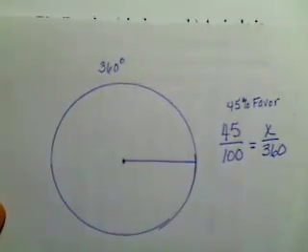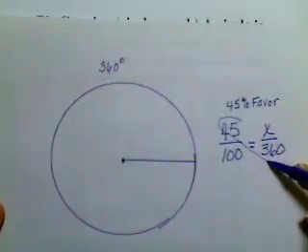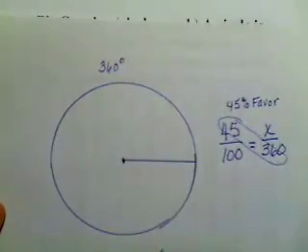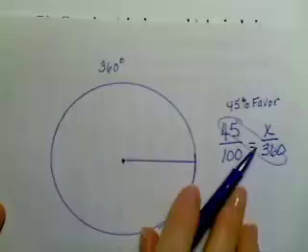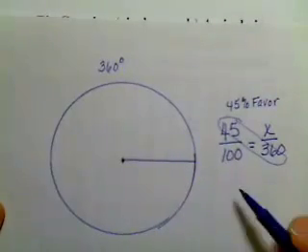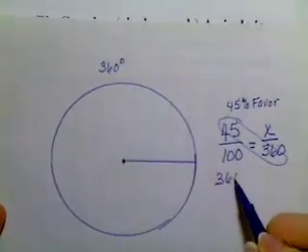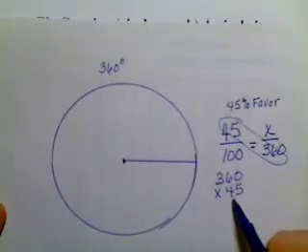All right, so I'm going to do cross products. That's the product of the extremes, technically, what we're doing. So we're taking 360 times 45.